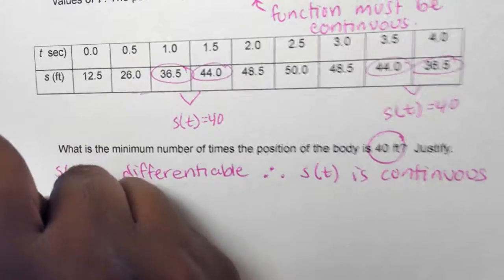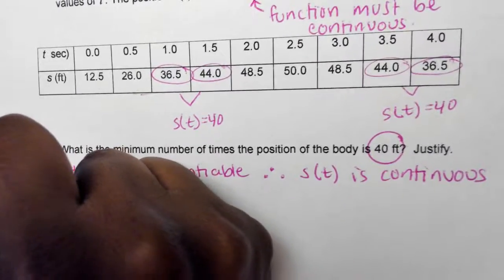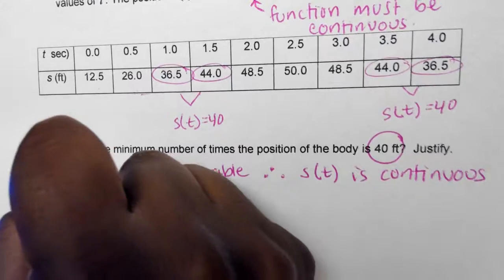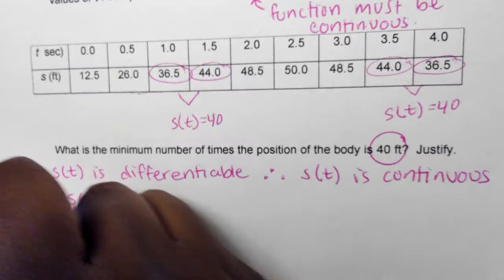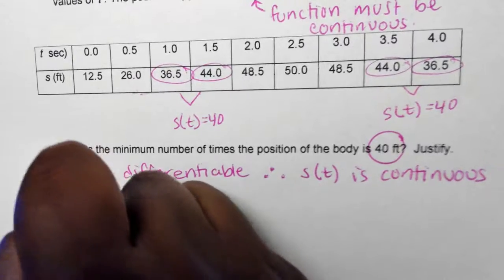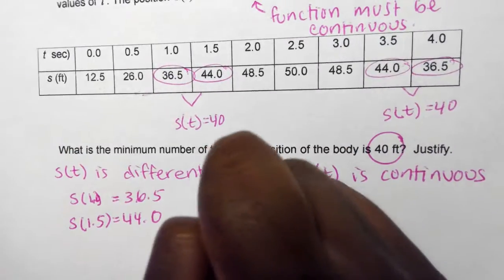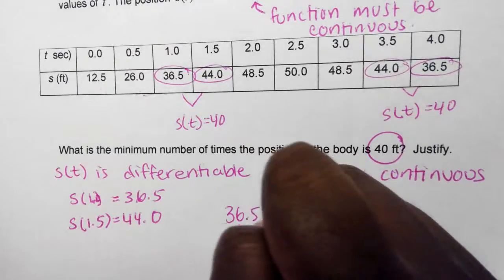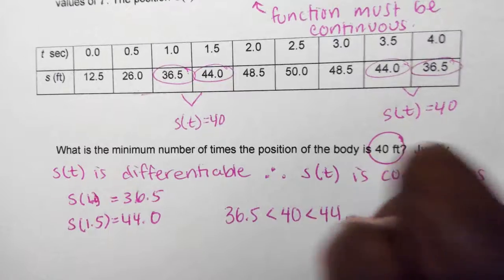And we know that S of 1.0 is equal to 36.5, and S of 1.5 is equal to 44.0. And 36.5 is less than 40, which is less than 44.0.